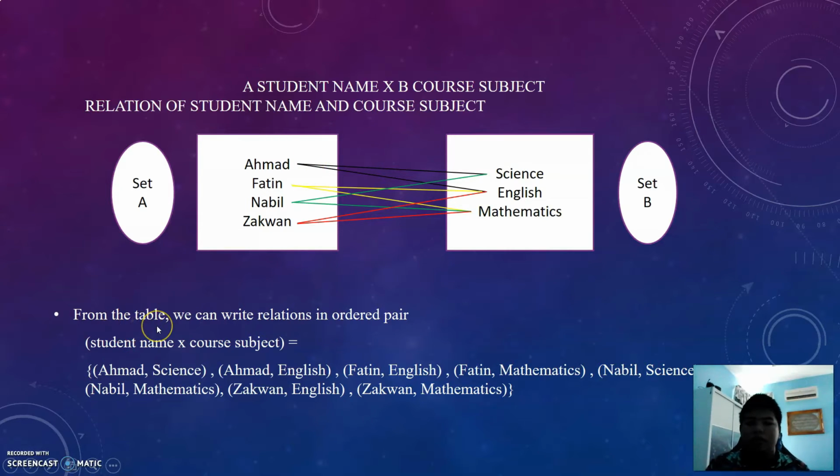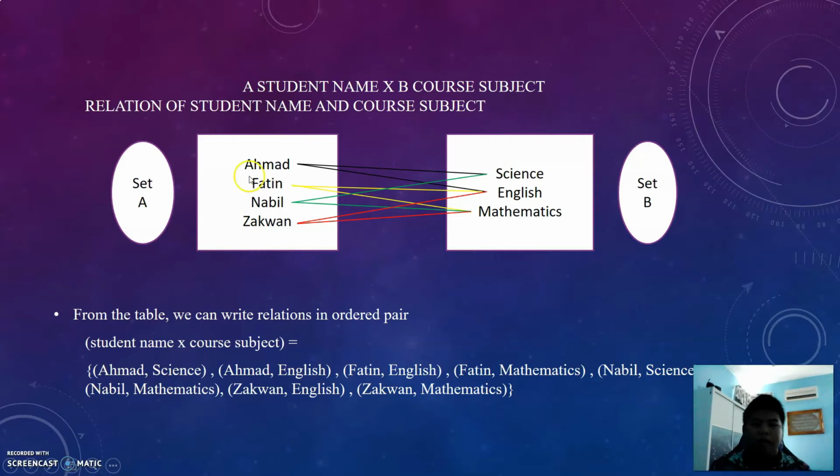From the table, we can write relations in ordered pairs, like student's name related to course subject. So, we can answer it just like this.